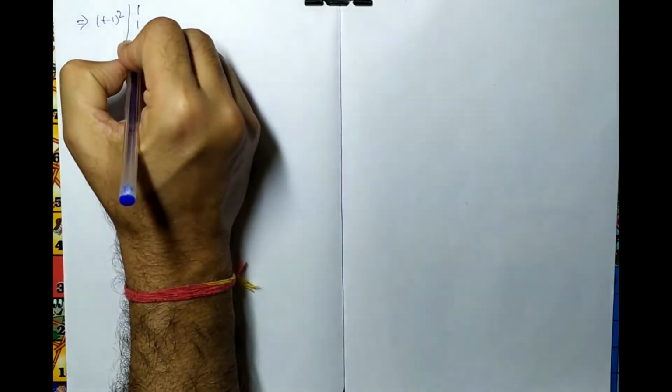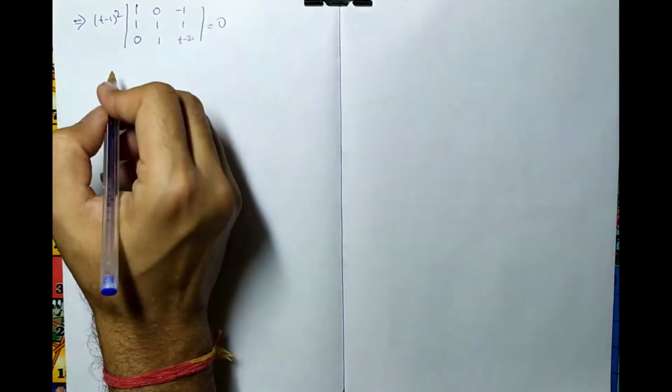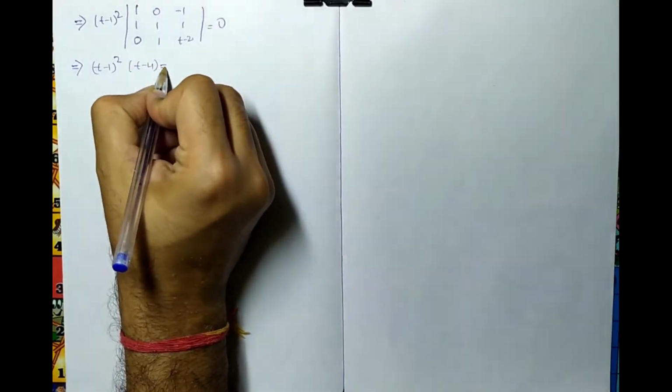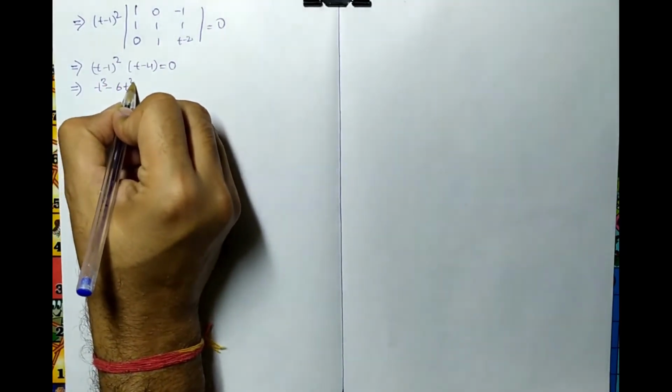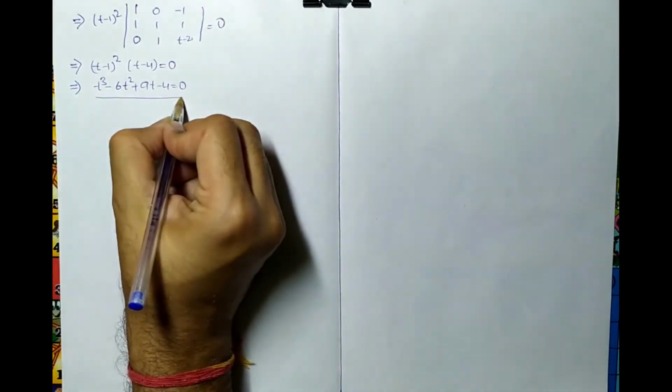Taking minus 1 common from column 1 and column 2 we have (t minus 1) square times 1 1 0, 0 1 1, minus 1 1 t minus 2, equal to 0. So expanding the determinant we are left with (t minus 1) square into (t minus 4). So further multiplying we have t cube minus 6t square plus 9t minus 4 equal to 0, which is the required characteristic polynomial.